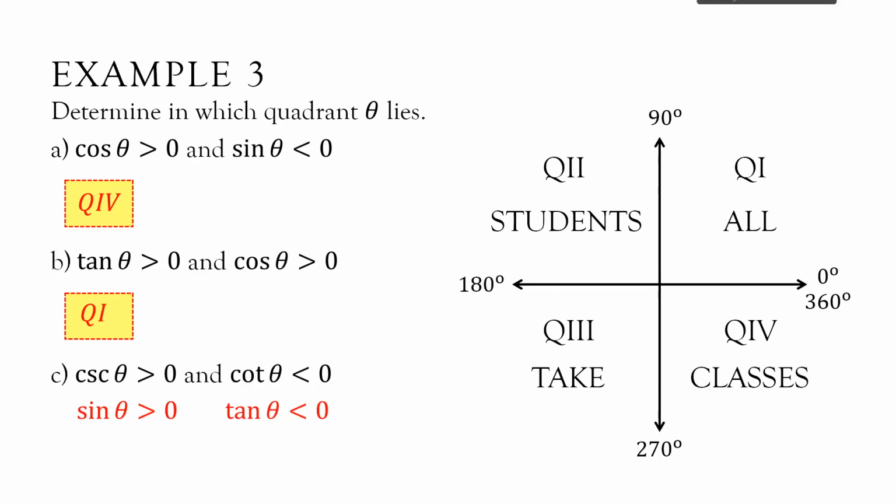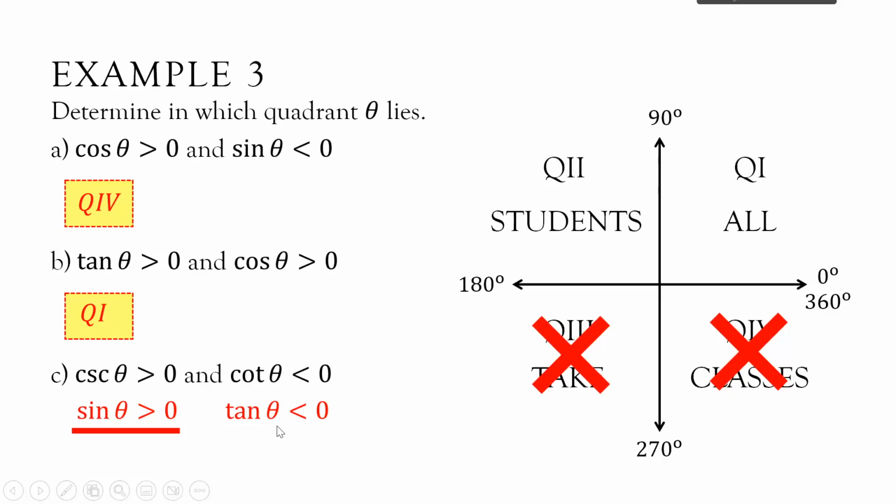So now using this new information, starting off with sine being positive, where is sine positive? Well, sine is supposed to be positive in either quadrant 1, because everything's positive there, and quadrant 2, because sine is positive in quadrant 2. That kills off my 2 bottom options.